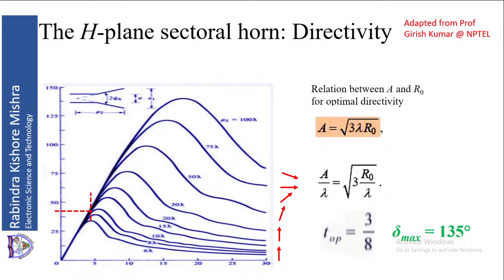So this is the relationship between the aperture expansion A and R0. This relationship gives you the optimal directivity or peak, but we will not use this. You can use slightly less than that, so that the directivity is slightly less and the phase error is less. If phase error is less, then we are going to get some other advantages.